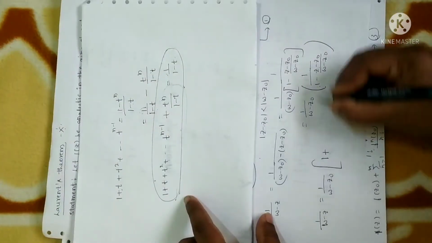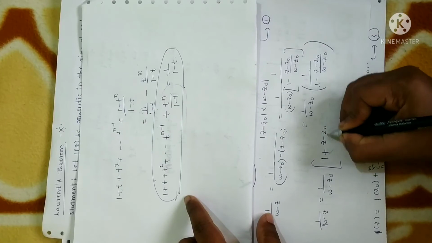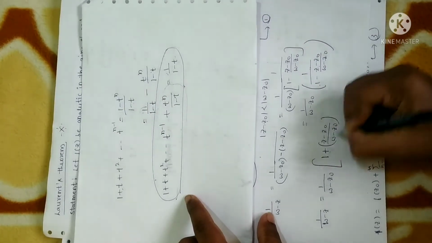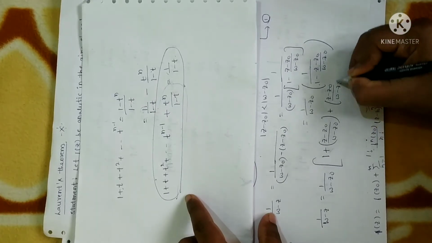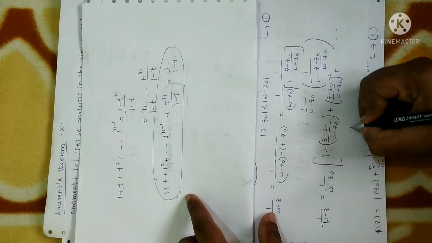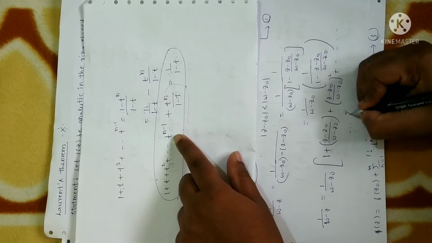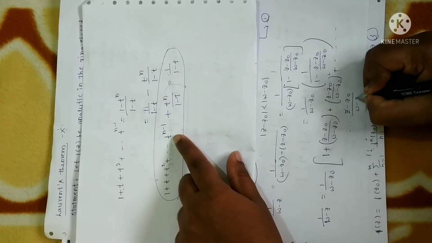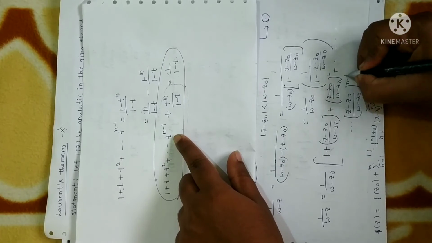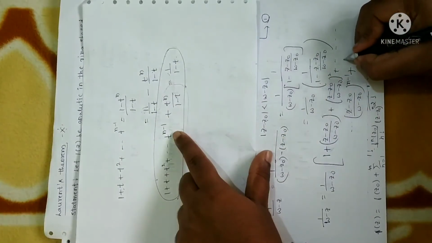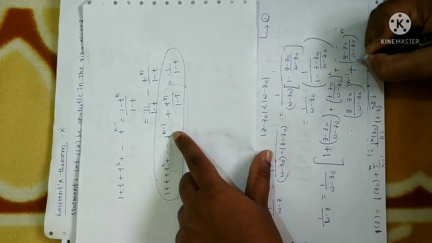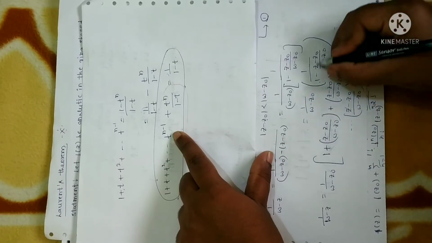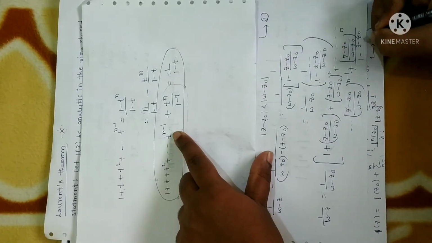Now 1 plus t, in the sense z minus z naught divided by w minus z naught, plus t square, meaning z minus z naught divided by w minus z naught whole square, plus if you continue the same, the last term is t power of n minus 1, in the sense z minus z naught divided by w minus z naught whole power of n minus 1, plus t power of n, that is z minus z naught divided by w minus z naught whole power of n, divided by 1 minus t, in the sense 1 minus z naught divided by w minus z naught.